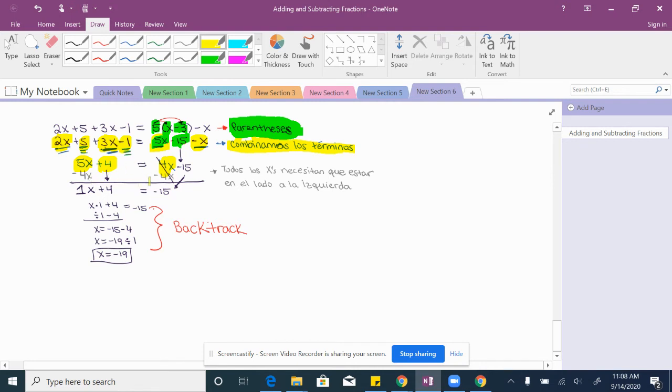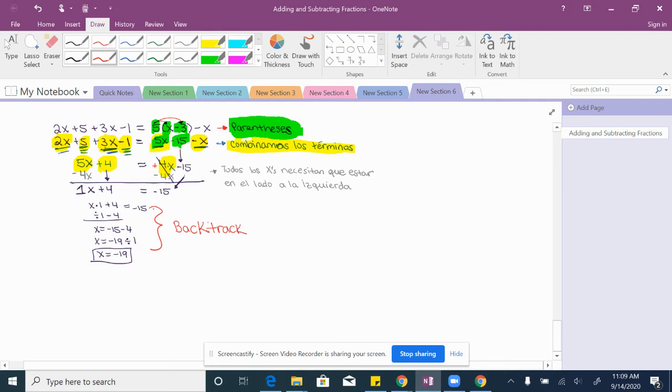And now we need all of the x's on the left side. We have to do the opposite of positive 4x. When no sign is in front, this is positive. The opposite of positive 4x is negative 4x. So these cancel.